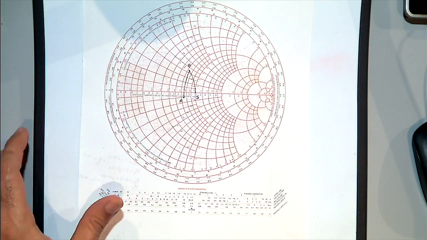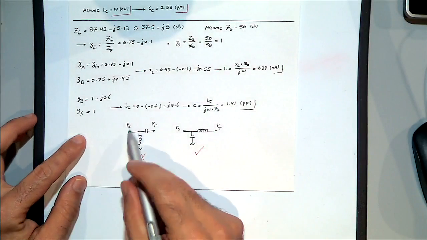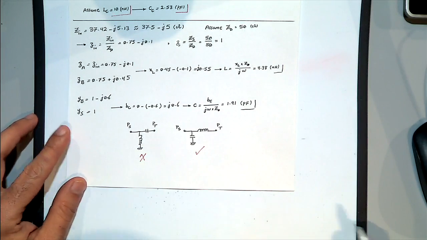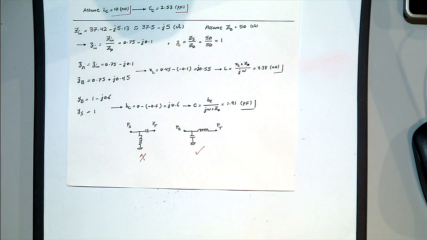Because if you pick the second one and put this circuit in your matching network, the series capacitor is going to block your DC voltage, and then your transistor is not going to bias.